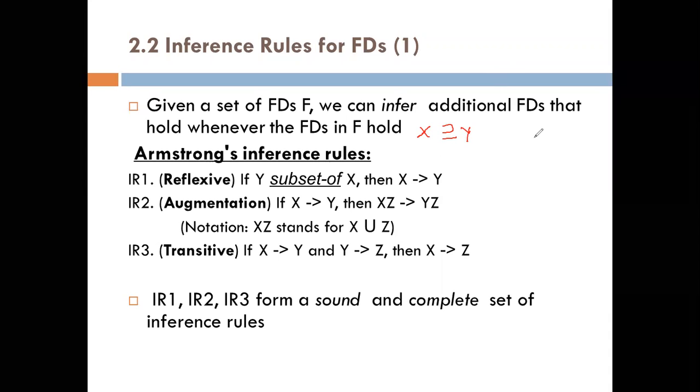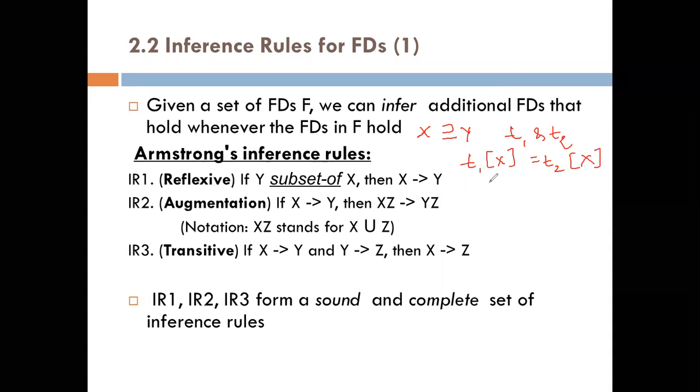There will be two tuples t1 and t2 existing in some relational instance such that t1 of x is equal to t2 of x.